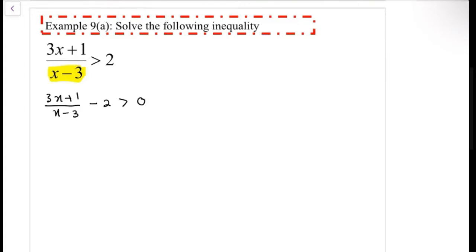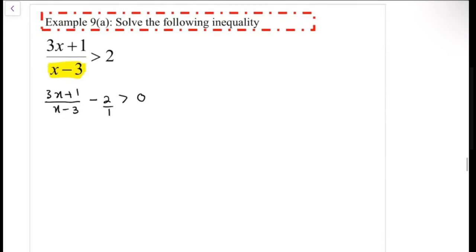Moving on to the next step, make sure our left side is a single fraction with linear factors. Maksudnya bahagian kiri kita mesti ada satu je pecahan melibatkan linear factor. Apa maksud linear? Kuasa satu. Since we have two different fractions, I can equate the denominators. So we get 3x plus 1 minus 2 times x minus 3, divided by x minus 3, greater than 0.